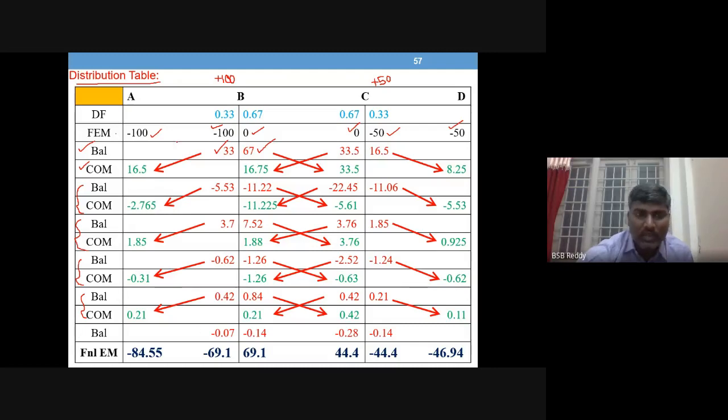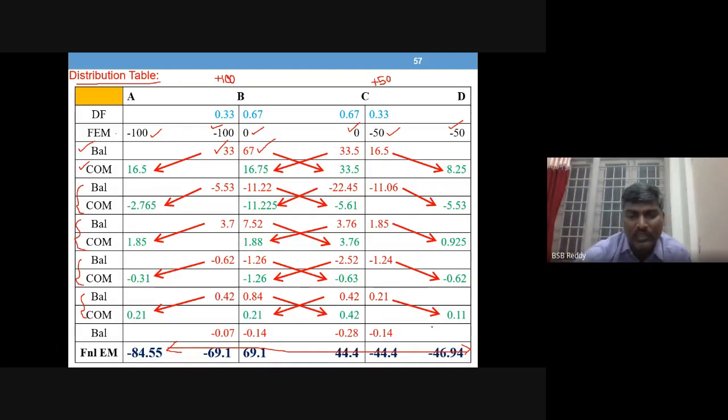That's how you get the end moments, which we call arbitrary sway moments, because these are not the exact values. You have to correct them to the correct values.